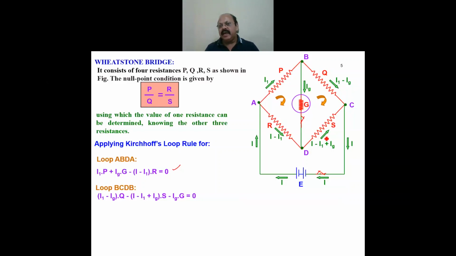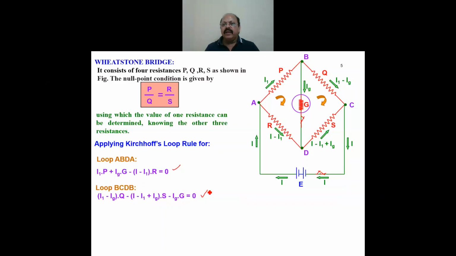But in the arm DC, the product is negative. In the arm DB, the product is negative, as it is in the opposite direction. So what you will get? (I1 minus Ig) into Q minus (I minus I1 plus Ig) into S minus IgG equal to 0.